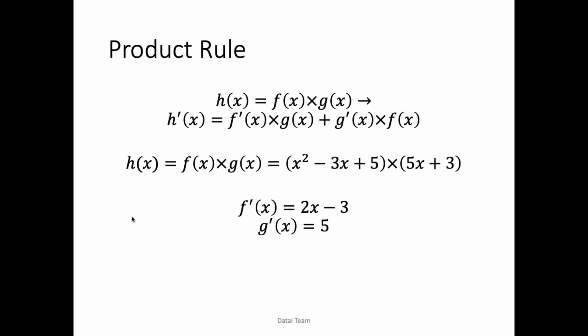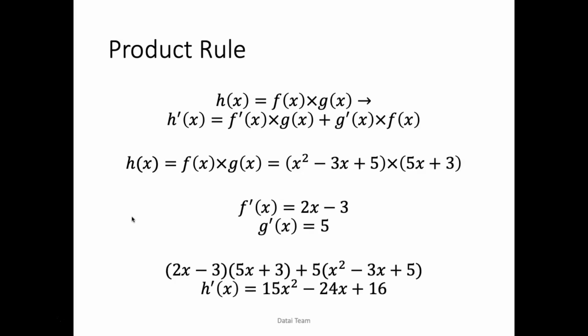And then plug them into the equation. We get 2x minus 3 times 5x plus 3, plus 5 times x squared minus 3x plus 5. And after doing the algebra, we get 15x squared minus 24x plus 16 as the first derivative of h.